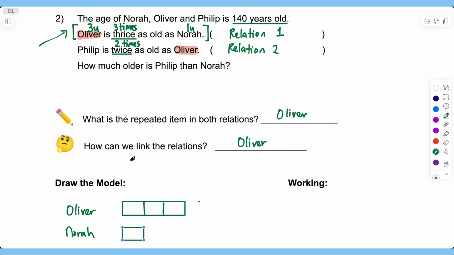We can see here that Oliver has 3 parts or 3 units and Nora has only 1 part, 1 unit. So Oliver is 3 times as old as Nora.